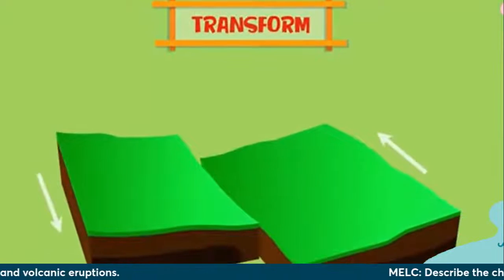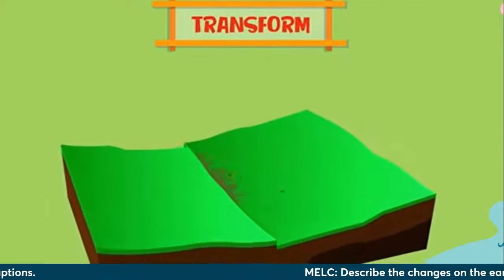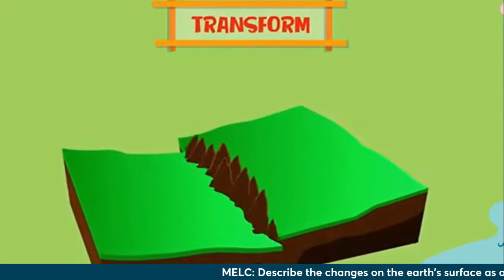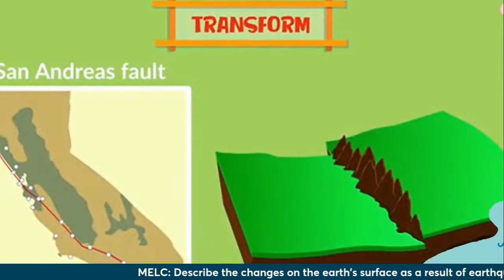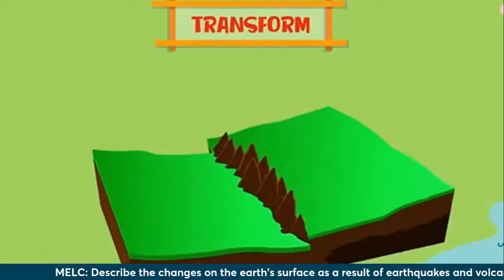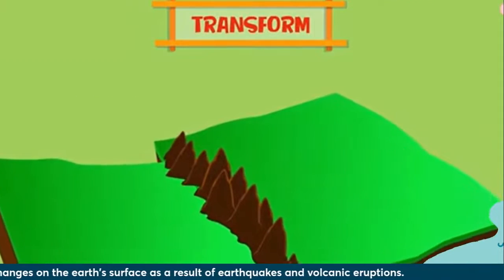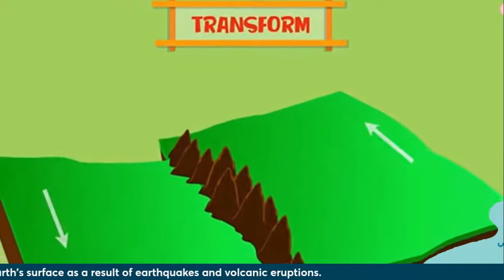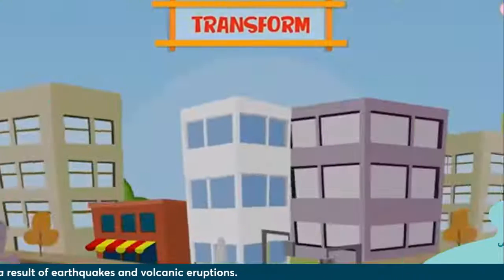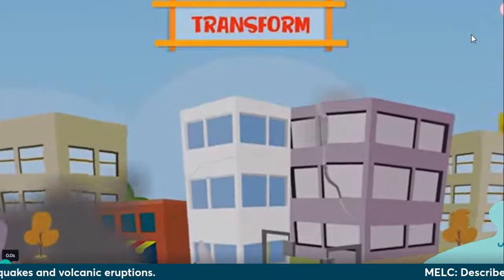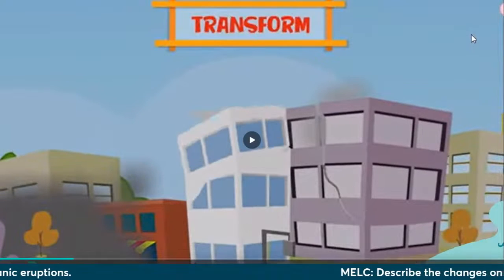And the third one is transform, where plates move sideways, like the San Andreas Fault. All right. So these movements cause an earthquake.